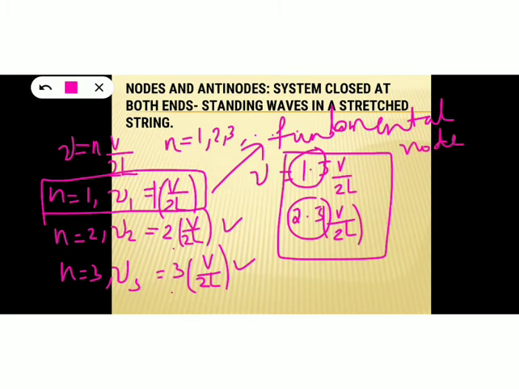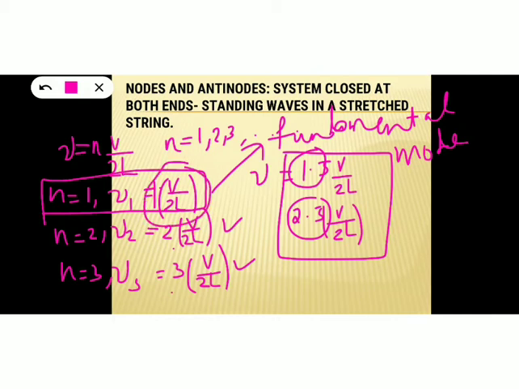Okay, so what is fundamental mode? It's not node, it's mode actually. Fundamental mode is the lowest frequency with which the string can vibrate. So here, which is the lowest frequency with which the string vibrates?